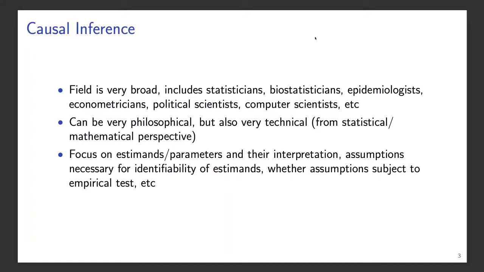And then after carefully defining the estimands, thinking about assumptions that are sufficient or necessary to identify those parameters, meaning under what assumptions can we draw inference about those parameters? Whether or not those assumptions are subject to empirical test or not. And then after those steps, we move into the more familiar domain of statistical inference.